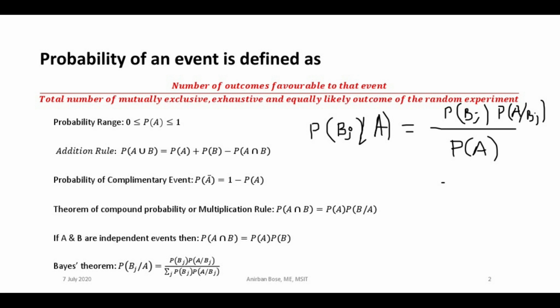Here the meaning is that you can consider it like this: consider B1, B2, B3 are mutually exclusive and exhaustive. They will not touch, so just consider it in this way.